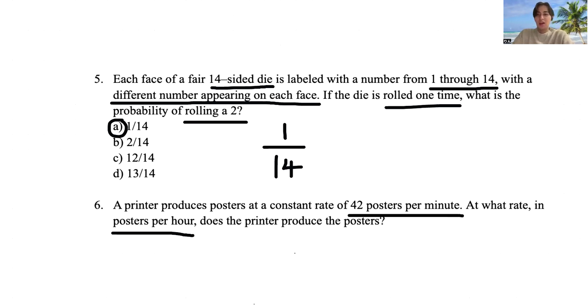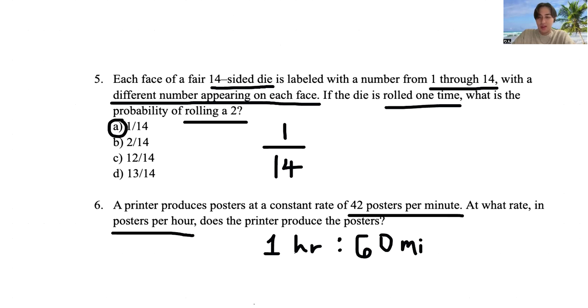So how many minutes are there in 1 hour? 60, right? So you have 60 minutes in 1 hour.